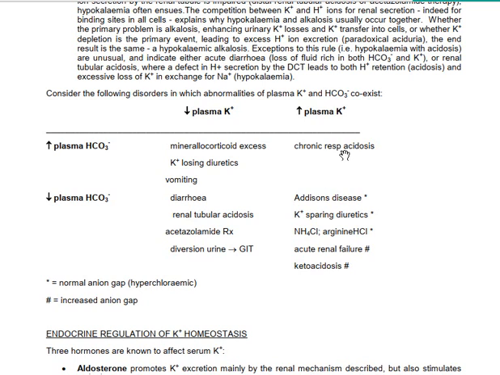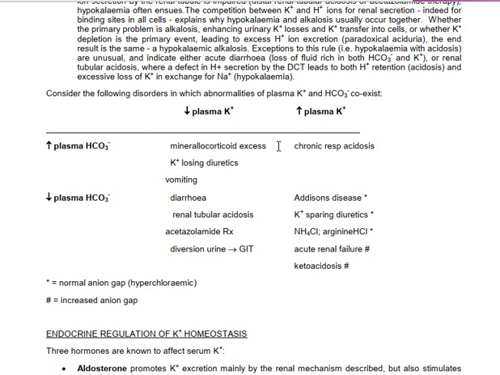So all that. Now what causes plasma potassium ion to increase and plasma hydrogen carbonate to increase? That's a hyperkalemic alkalosis. It's a chronic respiratory acidosis. Is it clear? So in this patient you have a chronic respiratory acidosis that has stayed for a long period of time.